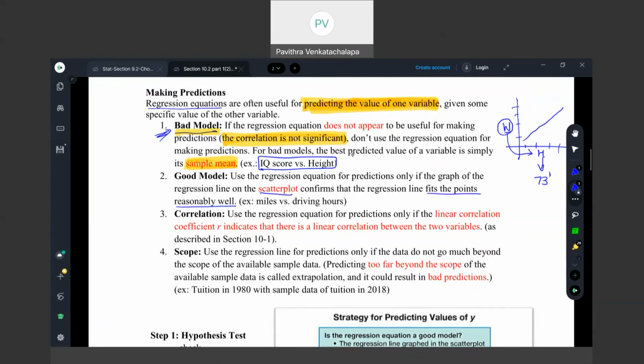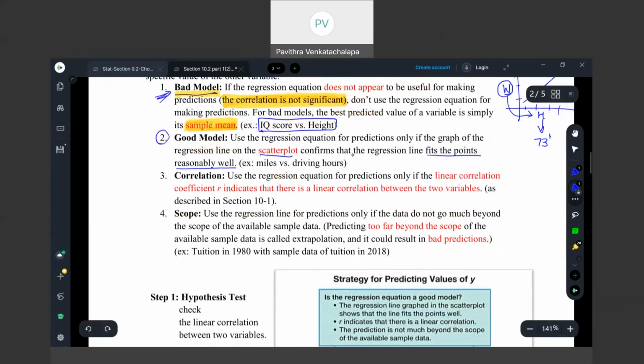So this is a good model. When it comes to using regression equations for prediction, only if you have a linear correlation can you move forward.